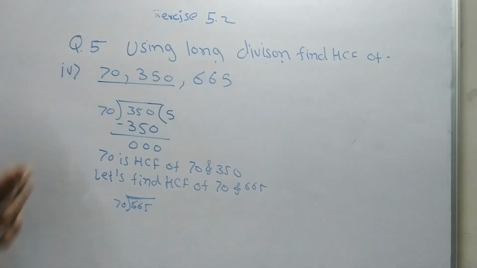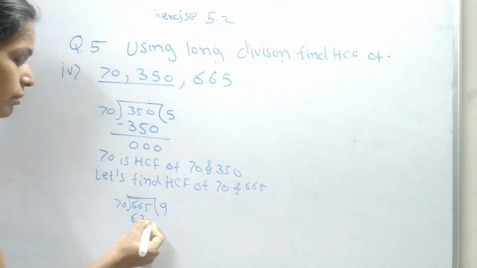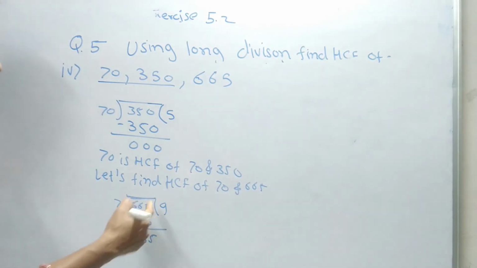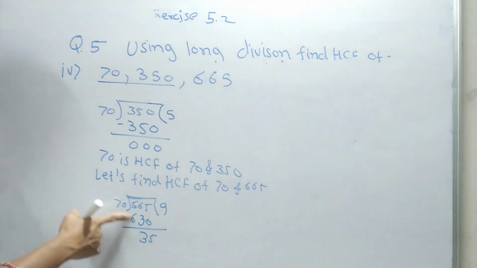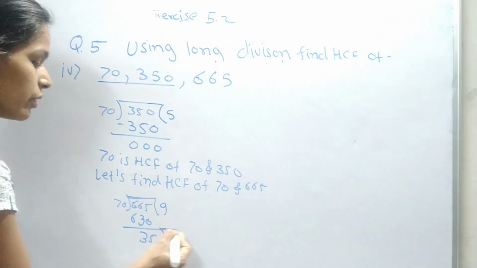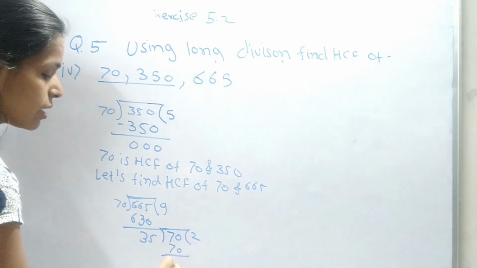So we can take the number smaller than that, that is 630. 70 9s are 630. And if you subtract this, you will get the answer 35. Remainder 35. Now the next step is to divide the previous divisor with this remainder. So 70 divided by 35 gives the result 2. 35 2s are 70 and the remainder is 0.